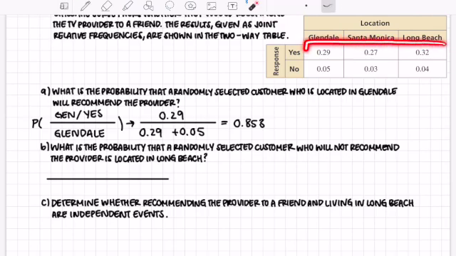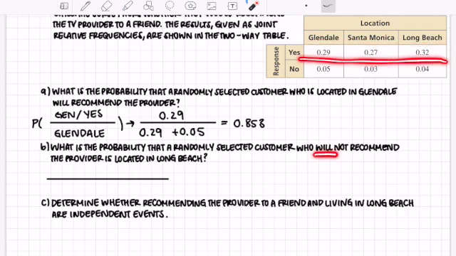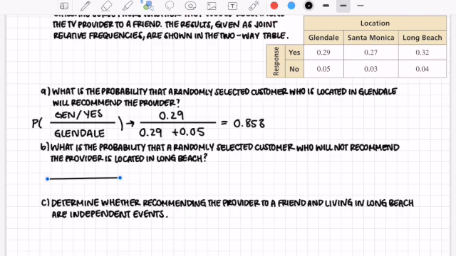So it could be Glendale, Santa Monica, or Long Beach. But again, it's not going to be those that would recommend it. It was actually those that would not recommend. So I would be looking in this section. So I'll write here my probability statement. I like to write the probability statement just to remind me what my idea here is. So my probability here is no, I would not recommend. Could be anybody from any location.